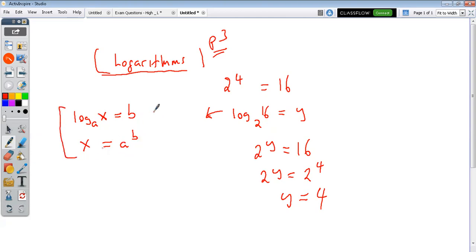This is very important. Log of x to the base a is equal to b is the same as saying x is equal to a to the power of b.